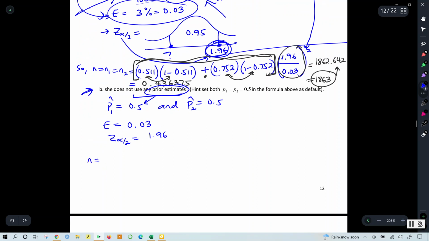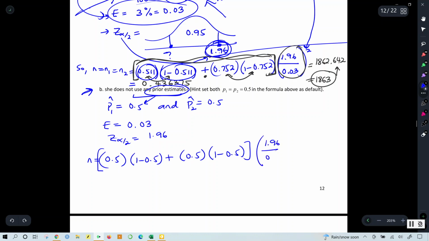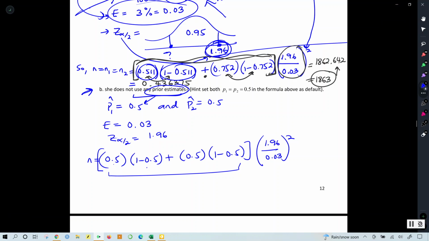N equals, this time, 0.5 times 1 minus 0.5, plus 0.5 times 1 minus 0.5, multiplied by 1.96 divided by 0.03, all squared. If you work on this, 0.5 times 0.5 is 0.25, plus another 0.25, so you should get 0.5.